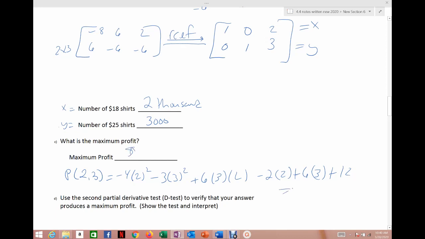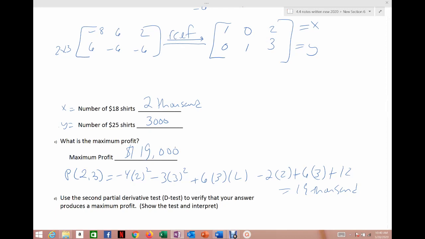So it comes out 19, but remember it's 19,000 dollars, so 19 and then again multiply it out by 1,000. So that's their maximum profit.